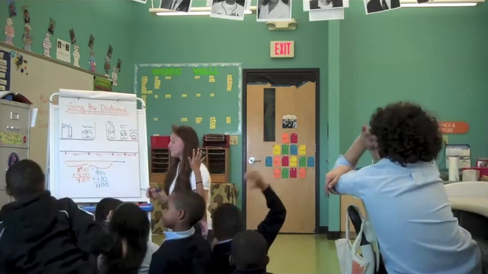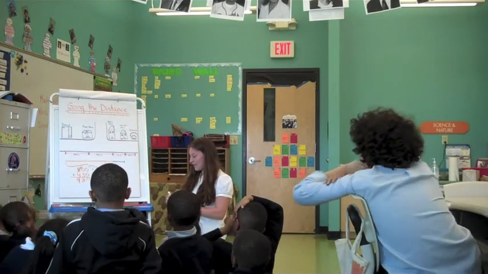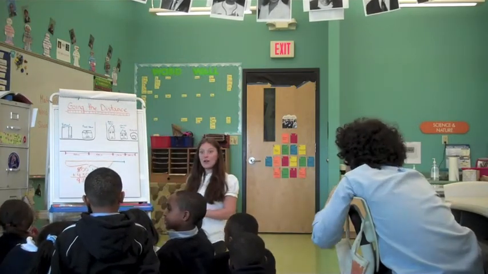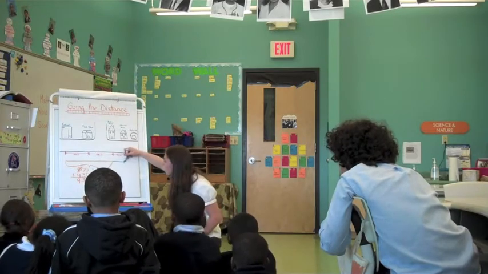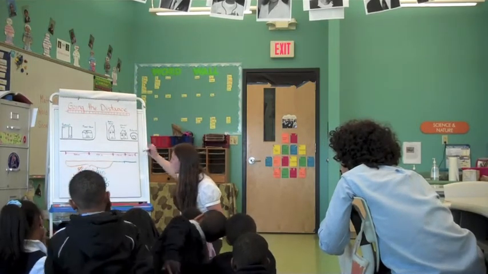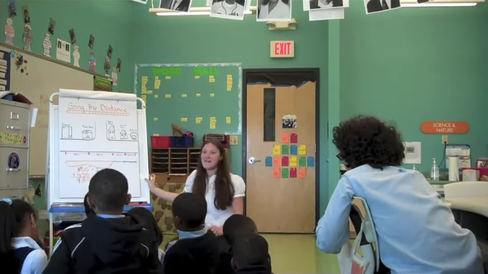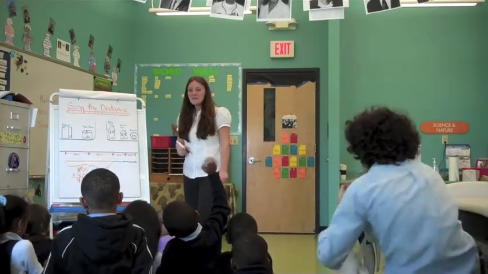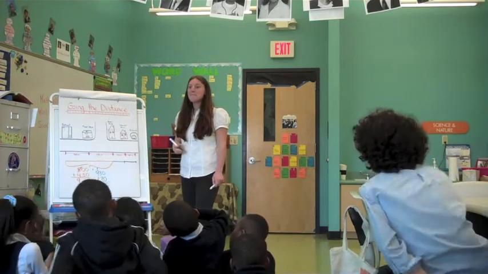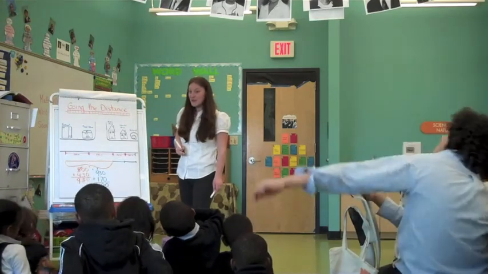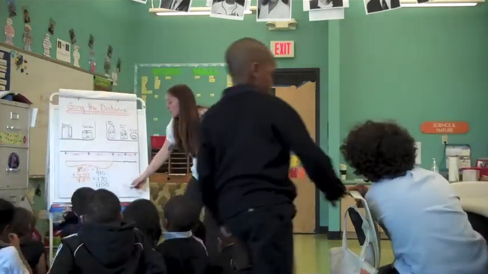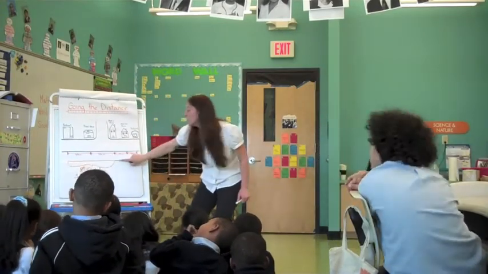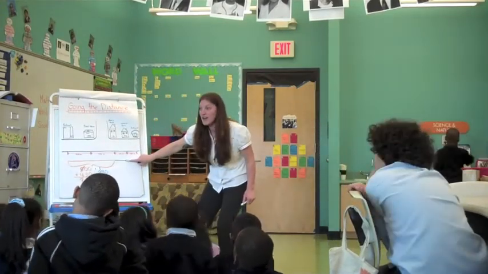Marcus? 1,100 plus 100 equals. Why did you say 100? Because the ballpark is 100 meters from whose house? Charles. Right.